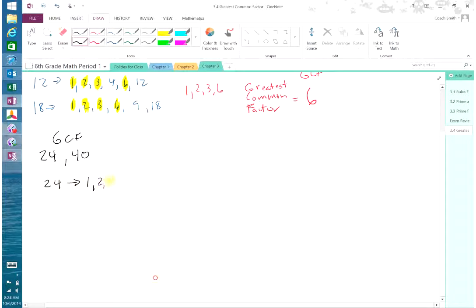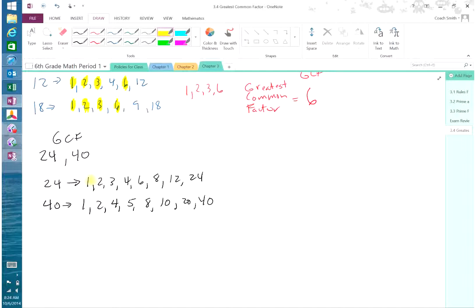24 is 1, 2, 3, 4, 6, 8, 12, 24. Okay? For 40, you have 1, 2, 4, 5, 8, 10, 20, 40. Okay, and as we look at these then, obviously the 1 is going to be in common with every single number.